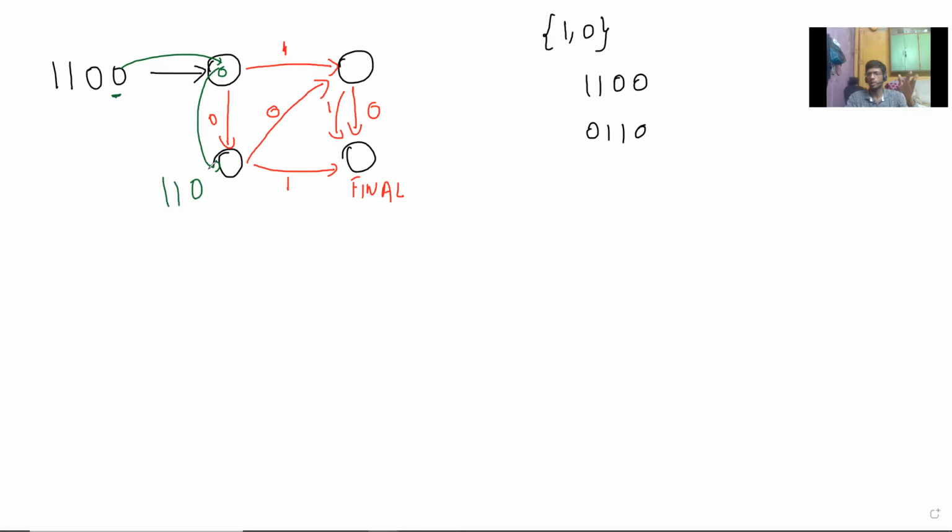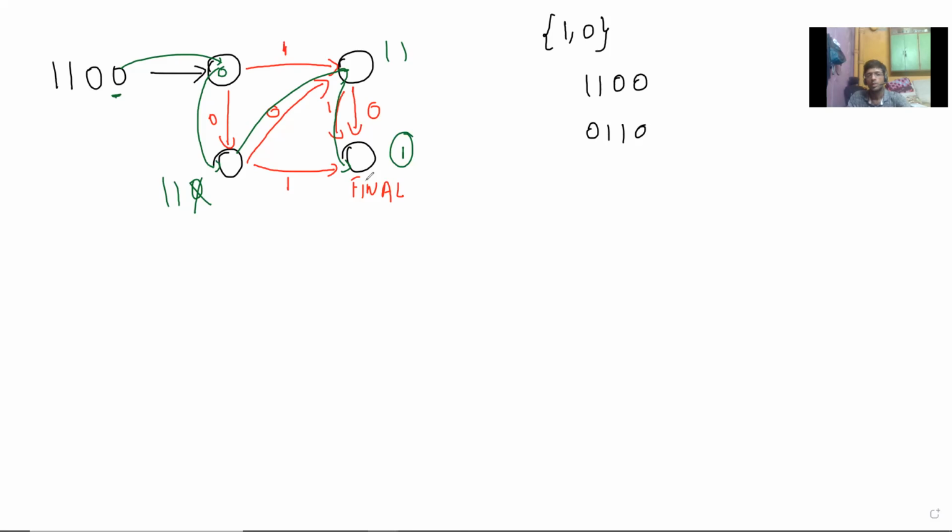The first input is eaten up. Now again it sees a 0, so I move here because the arrow tells you to go there. Now I see a 1, so I come to the final state. Now again a 1 is left.